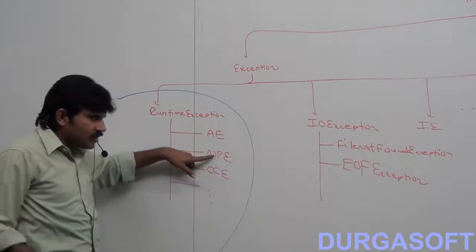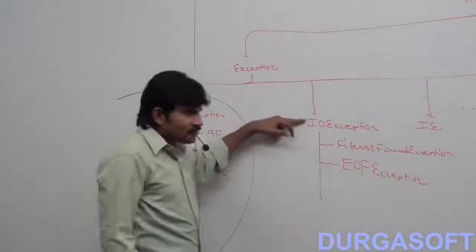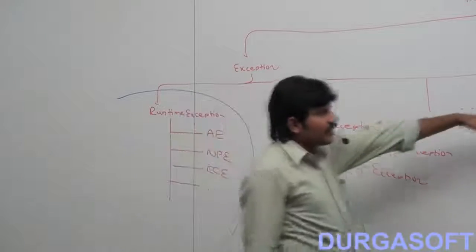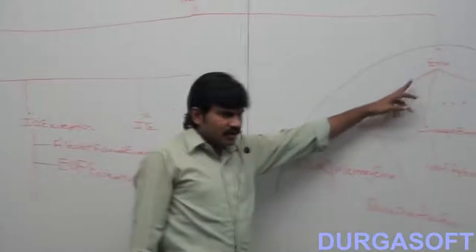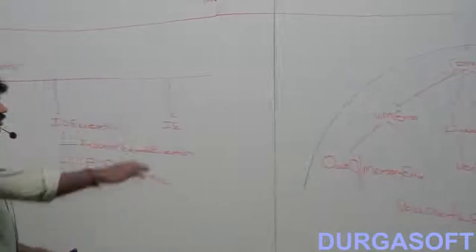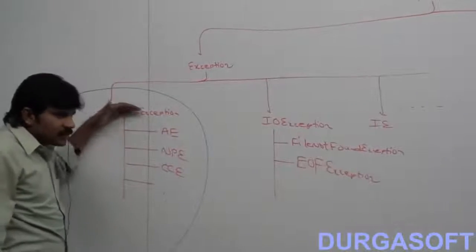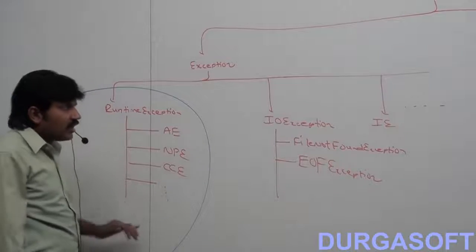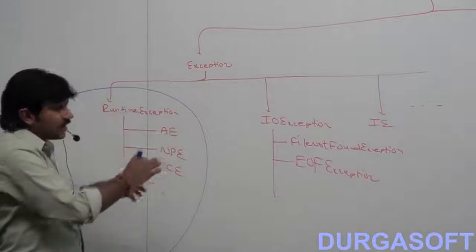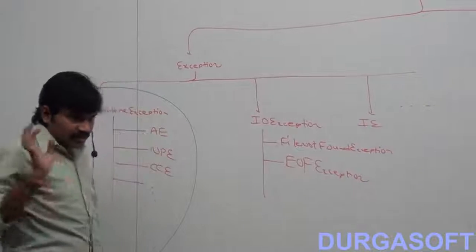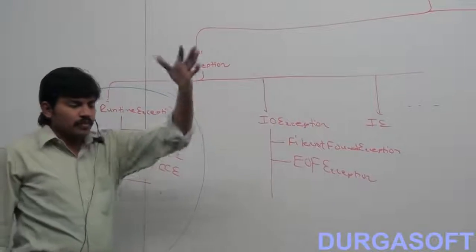NullPointerException is unchecked. IOException is checked. InterruptedException is checked. Error is unchecked. So make sure Error and its child classes, and RuntimeException and its child classes, are unchecked, and the remaining ones are by default considered checked exceptions. Take a note.